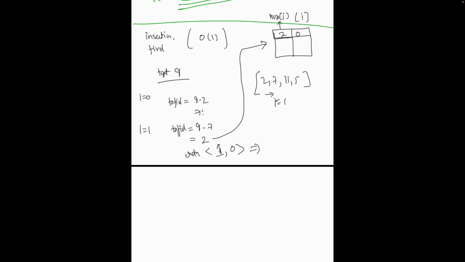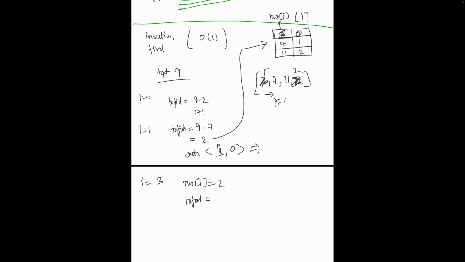Now let's say, what if 2 was here and not here? Let's say this becomes 2, this becomes 5. So what we're going to do, this will become 5, 0. We'll keep going, we'll do 7, 1. We'll keep going, we'll do 11, 2. And then once we come at i equal to 3, nums[i] is equal to 2.